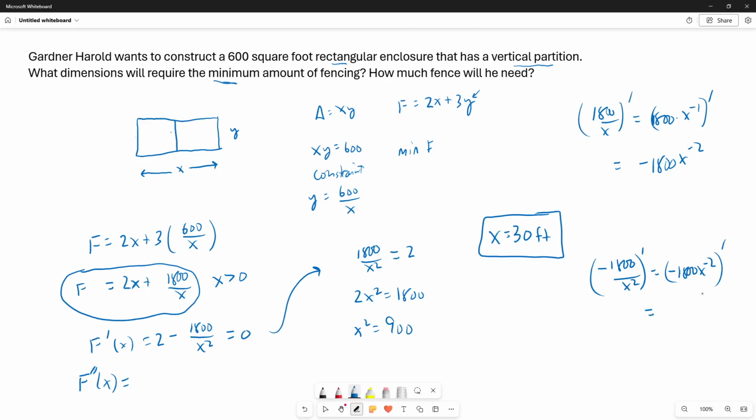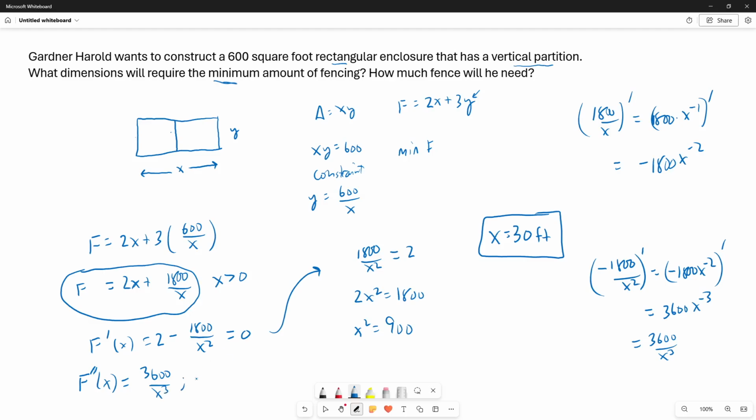The derivative of that, the negatives cancel, we get 3600 x to the power negative 3, or 3600 over x cubed.